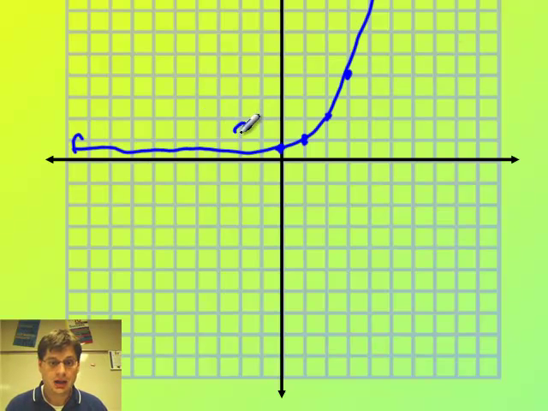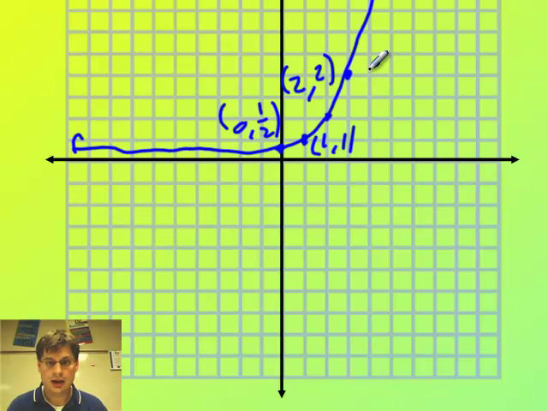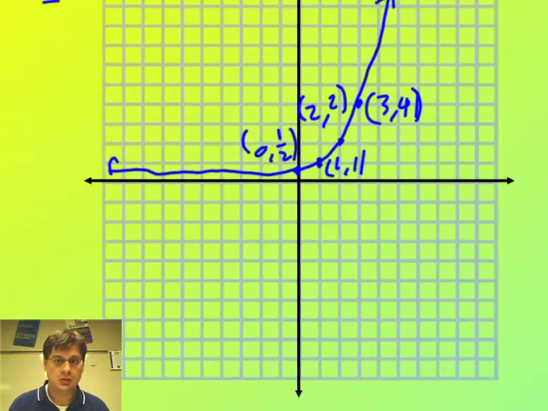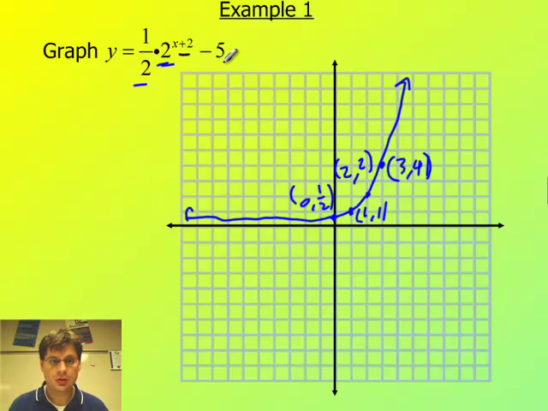So given those points, (0, 1/2), (1, 1), (2, 2), and (3, 4), I can translate it 2 units to the left and 5 units down.